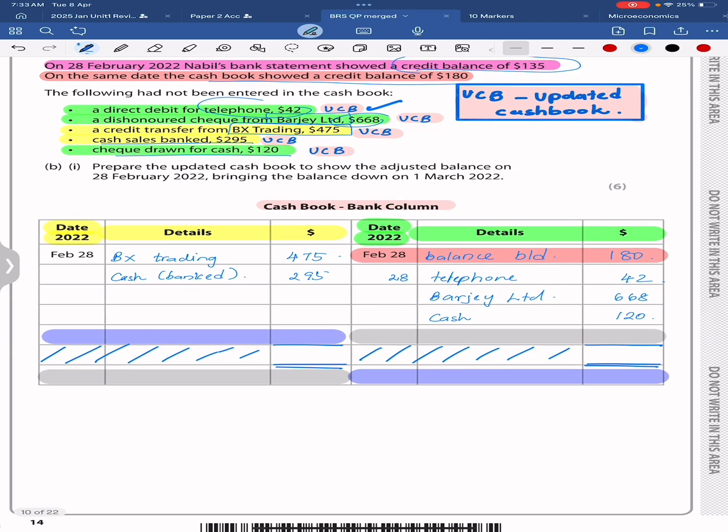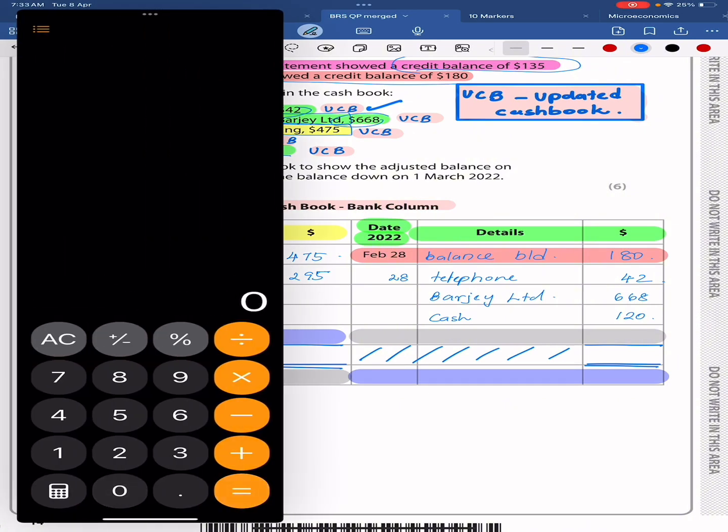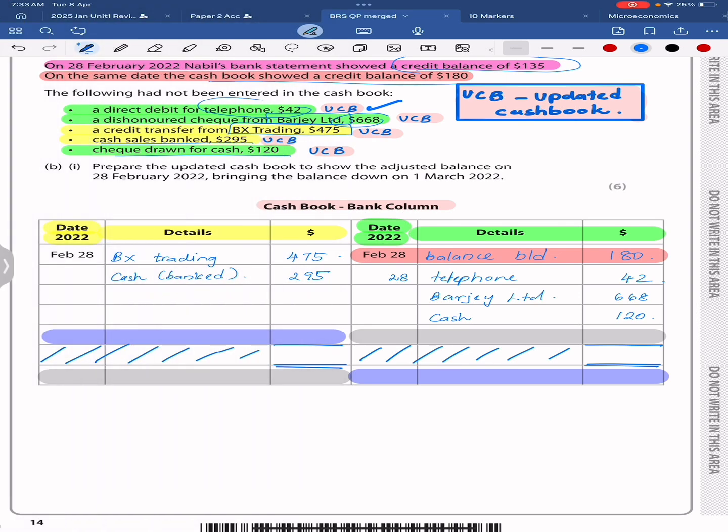Now let's total the debit side and the credit side to find out the greater side. 475 plus 295, 770 on the debit side.